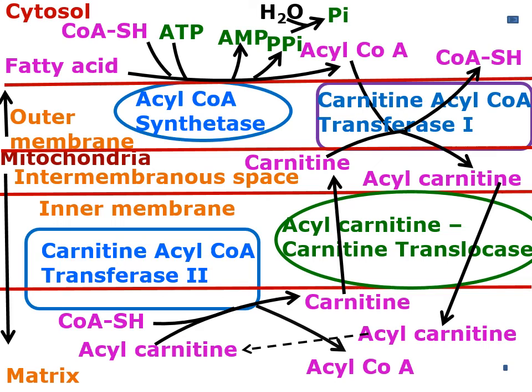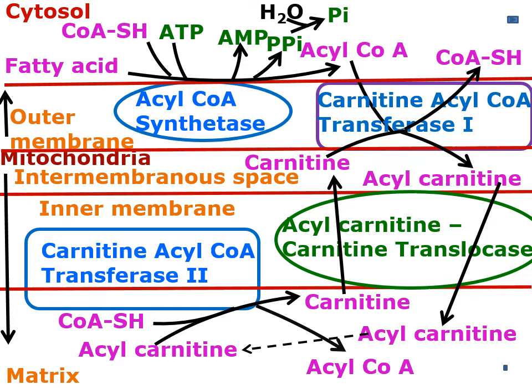Once it reaches the mitochondrial matrix, carnitine and acyl-CoA will separate out in the presence of an enzyme called carnitine acyl-CoA transferase 2, which is present in the inner membrane. So carnitine is free. Now this will be pushed back into the intermembranous space with the help of the same enzyme, translocase.